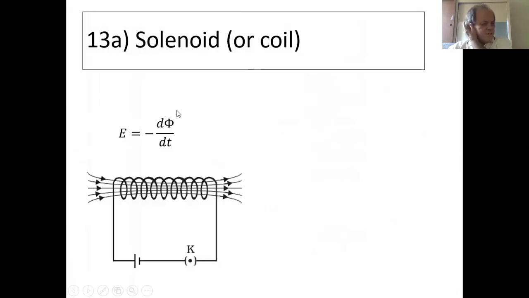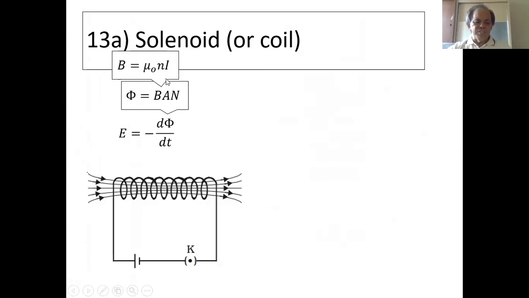That is Faraday's law, which we are just applying. We can replace our phi with BAN. B is contributed by this solenoid, A is the cross-sectional area, and N is the number of turns of the solenoid.